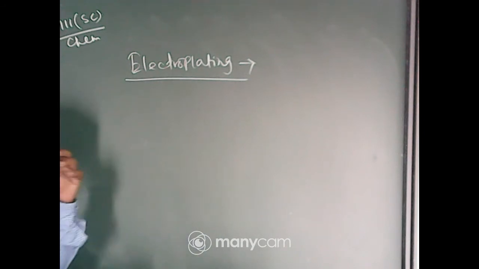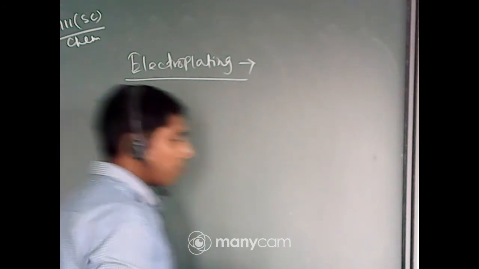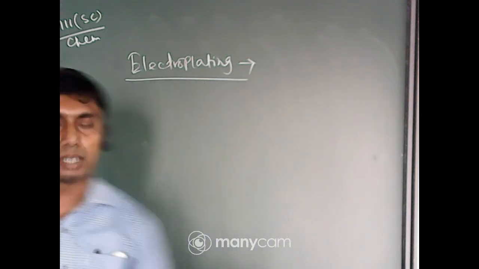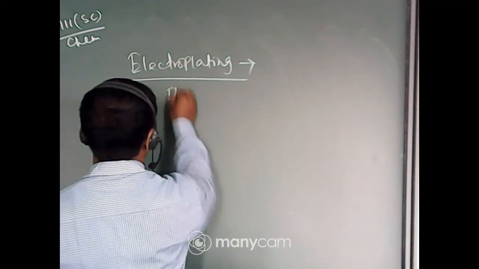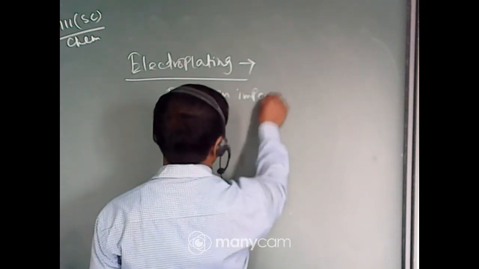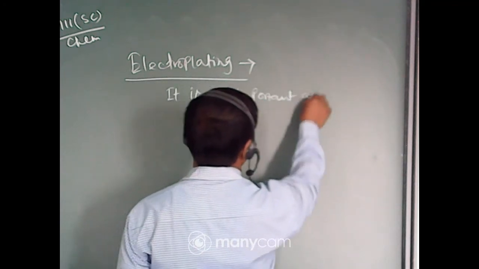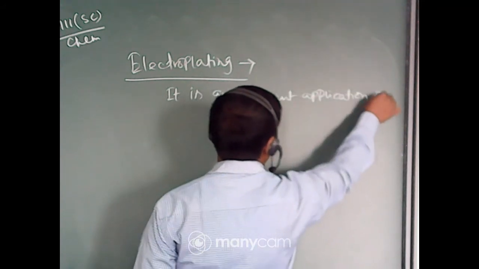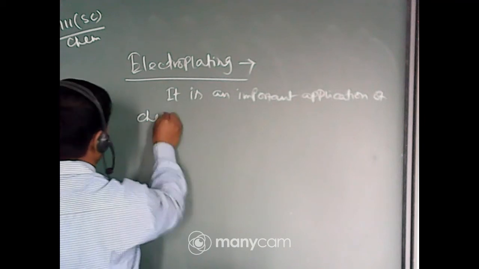Electroplating is an important application of chemical effects of electric current.